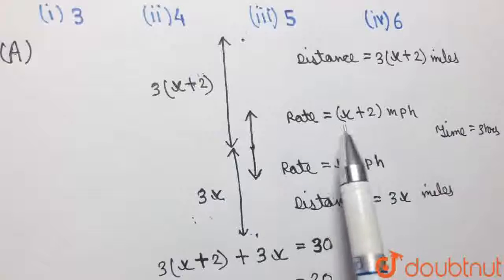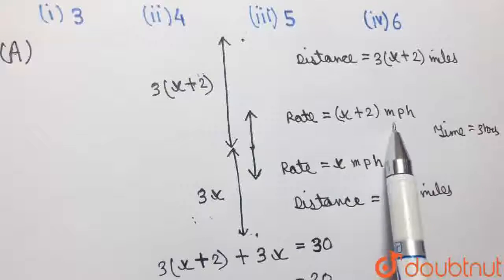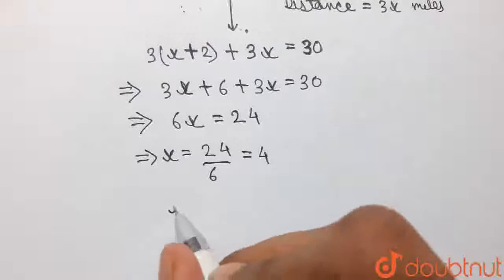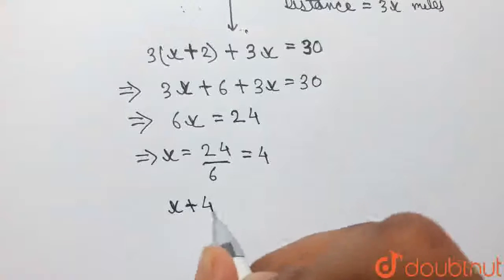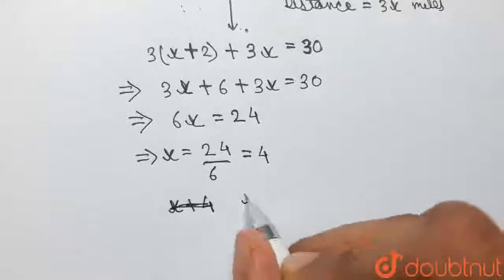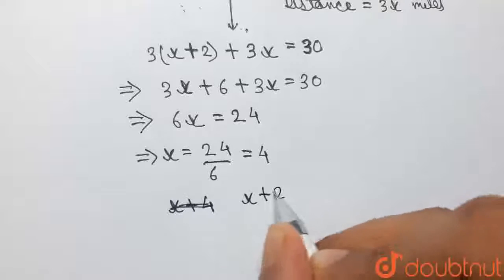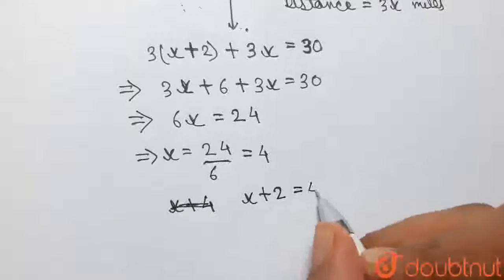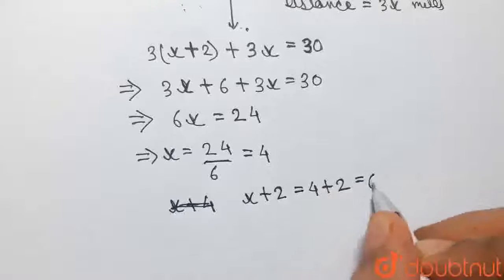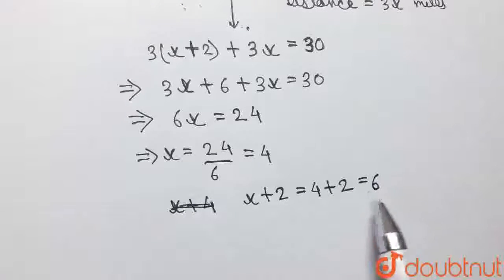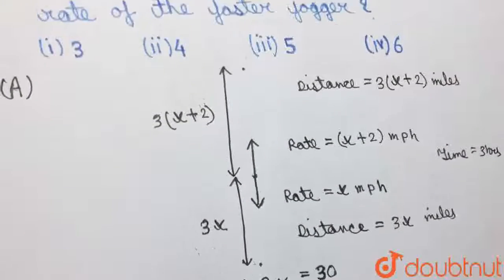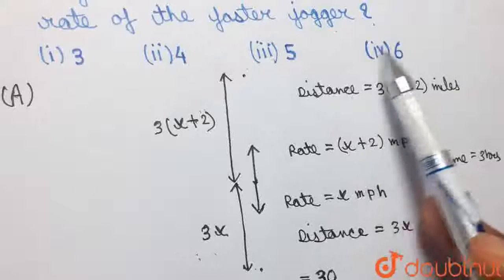Hence the answer will be x plus 2, and as x equals 4, this is 4 plus 2, which is obviously 6. Hence the rate of the faster jogger is 6, and going through the options, option 4 is the correct option.